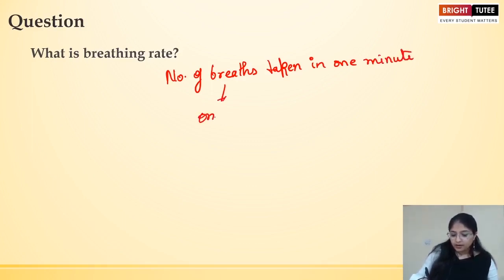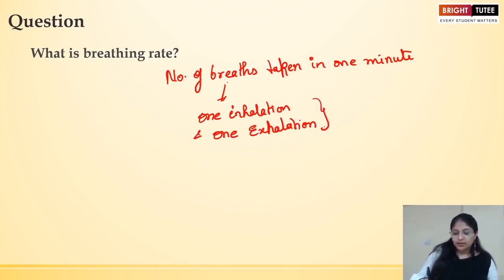It is one inhalation and one exhalation. So one inhalation and one exhalation constitute a breath, and the number of breaths taken in 1 minute is the breathing rate in an organism.